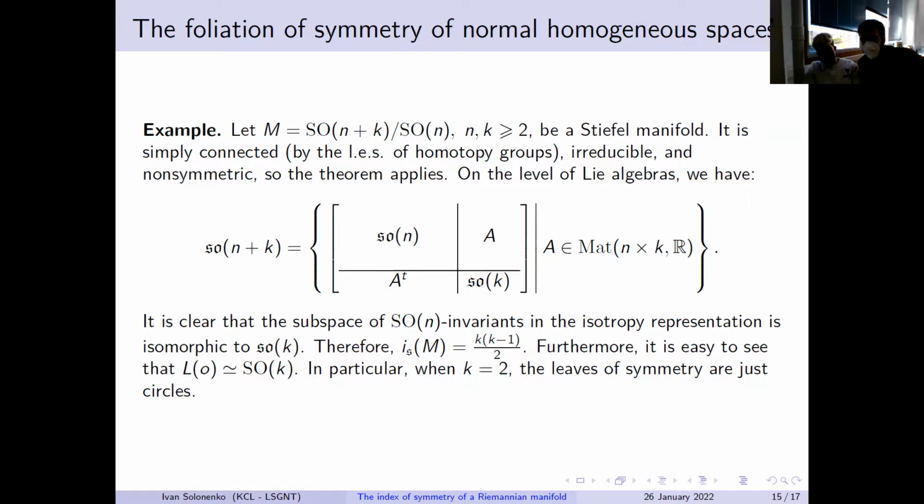Is it the general situation that you always have to look at the fixed vectors with respect to the isotropy representation? Because I was thinking about this when you introduced the definition about Berger spheres, and I think it matches my intuition of looking at the fixed vectors. Why is this? Is this easy to see?